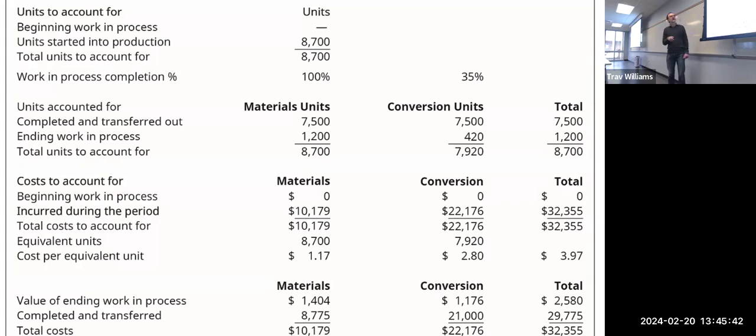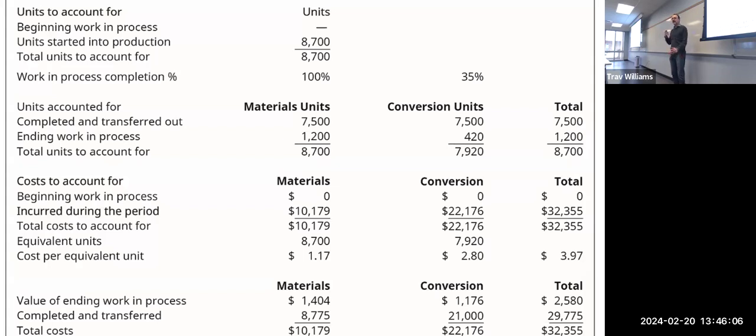Then we got our little problem child here, which again is the number of units that are in process times the percentage of completion, right? So because these 1,200 units were only 35% complete, we count that as the equivalent of 420 units.